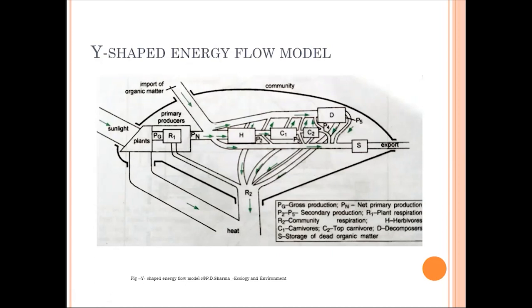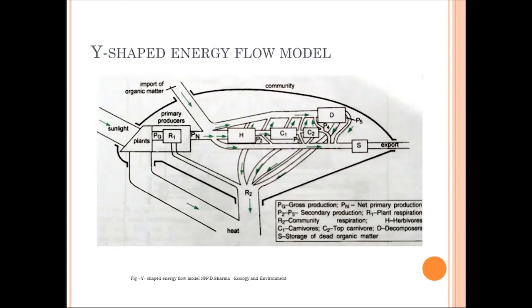So this is the Y-shaped energy flow model, which says that the two food chains that operate in nature cannot be separated. They occur simultaneously. They cannot be isolated.